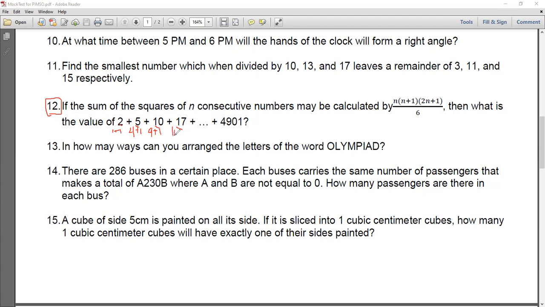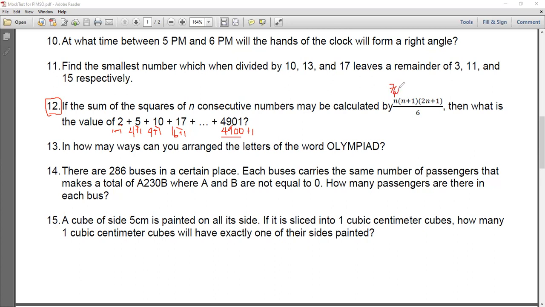So we are just simply adding 1. And then this one, 4,901 is actually 4,900 plus 1. So we need to get the square root of this to identify the value of n. The square root of 4,900 is 70. So therefore, n is 70.